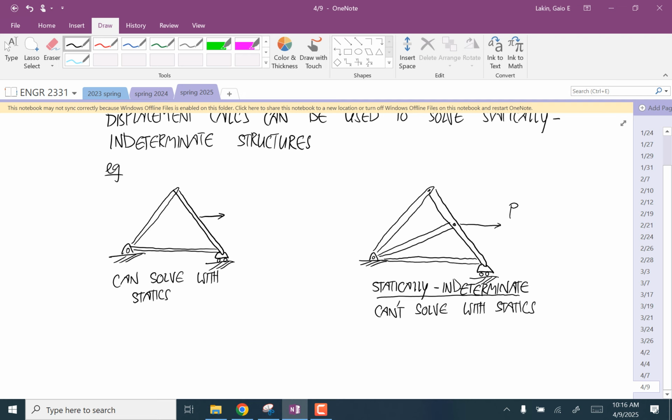But over here, what if all of these three were made out of silly putty and this was made out of steel? This structure would deform one way. Now think of these two as steel and these two as silly putty or whatever. It would deform a totally different way. Okay, and so it makes sense that you have to consider how the materials deform in order to figure out a solution.